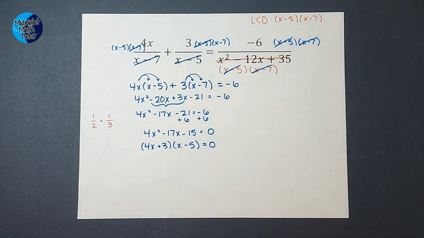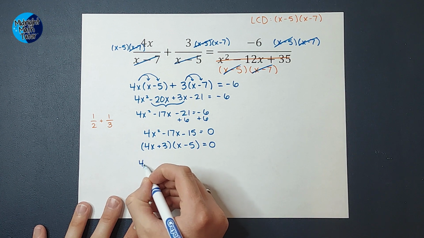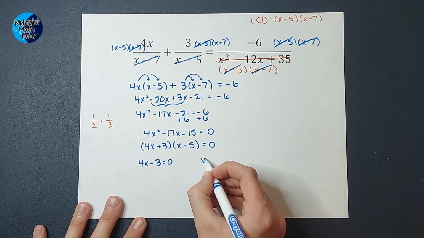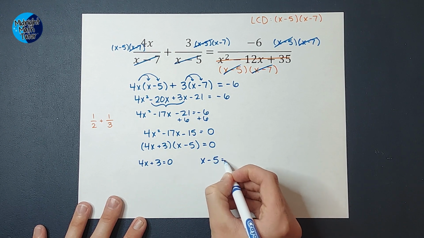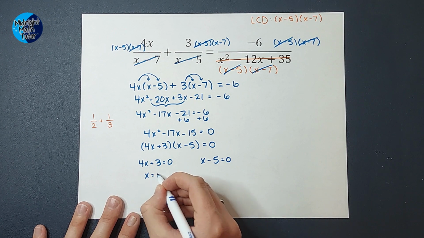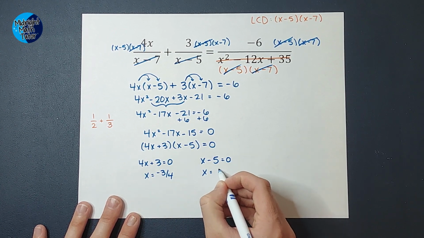Okay, so now I can set each of those parentheses equal to 0, right? So I have 4x plus 3 equals 0, and x minus 5 equals 0. Okay, so when I solve those down, I end up with x equals negative 3/4 and x equals 5.